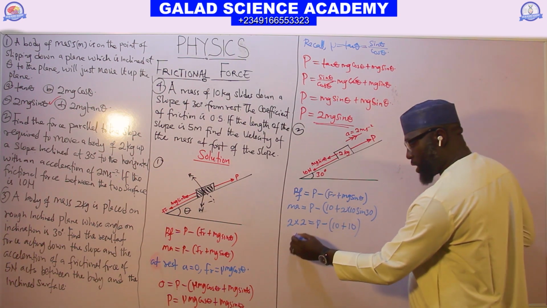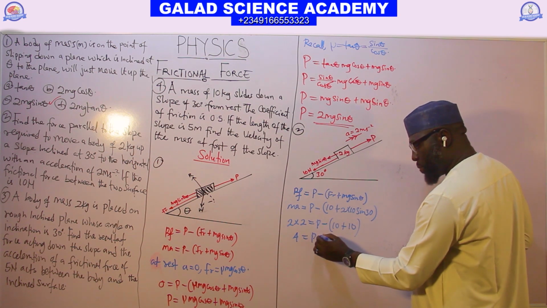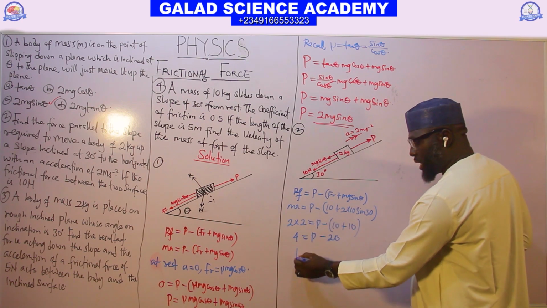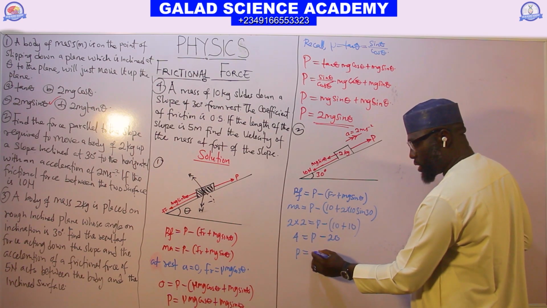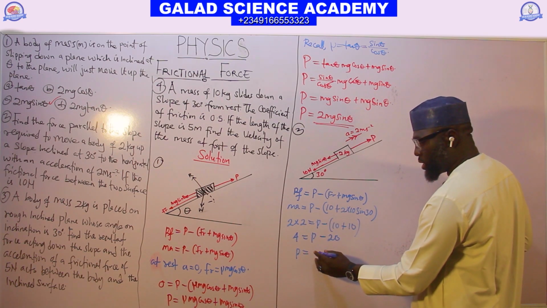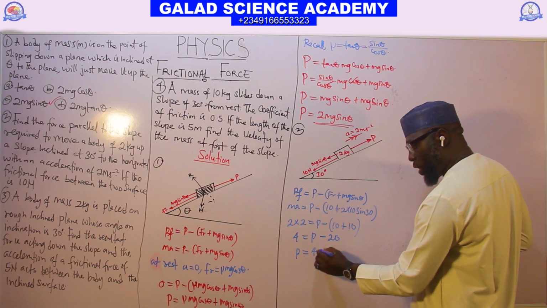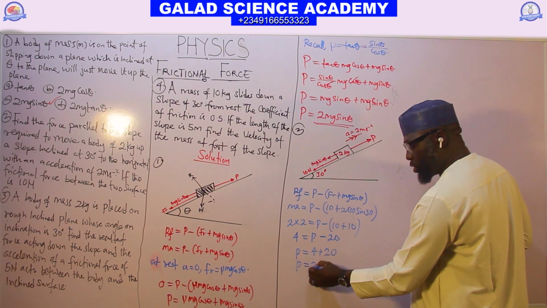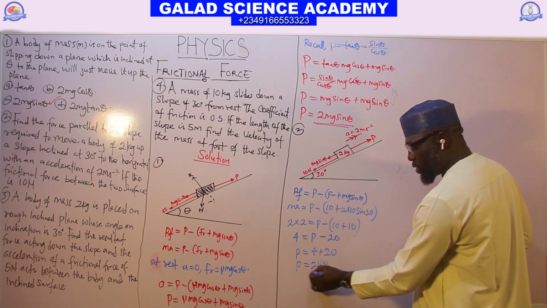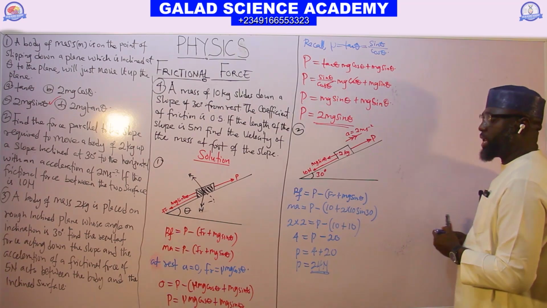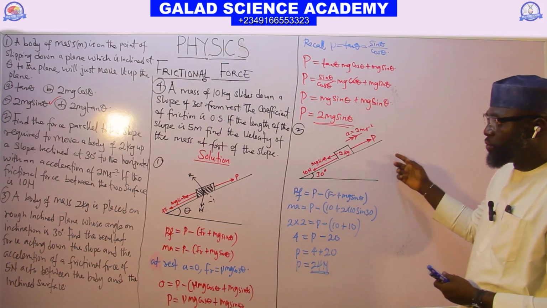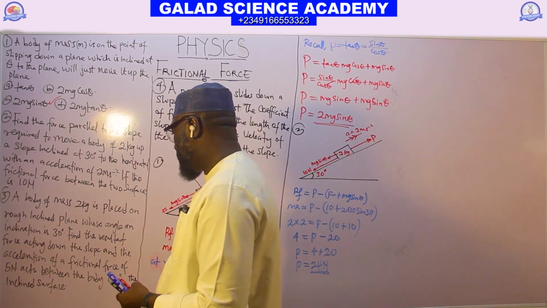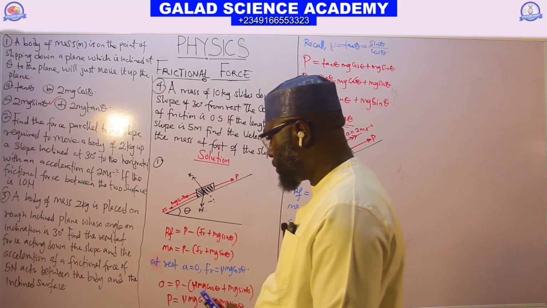We have 4 equals P minus 20. P equals 4 plus 20. P equals 24 Newton. That is the applied force for question number 2. So let us solve the next question.